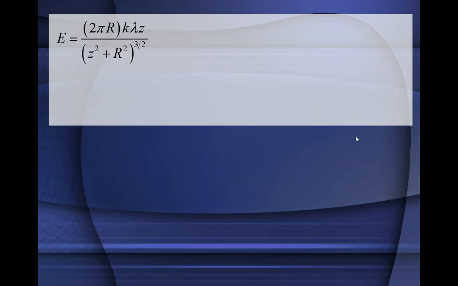Okay, we can simplify a little here. We have E equal to 2 pi R multiplied by K lambda z over z squared plus R squared to the power of 3 halves.